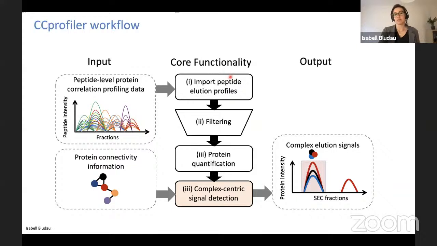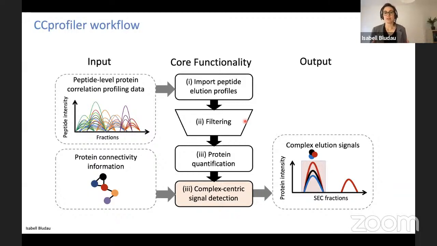Then we perform some sec-specific filtering. What I mean by this is that we can, for example, filter out peptides that have a lot of missing values, so that don't have consecutive identifications across the fractionation dimension. And then we can also look at sibling peptide correlations, because usually, if we have a protein without any proteoforms, then all of the peptides from the same protein should have a similar elution profile and they should correlate well.